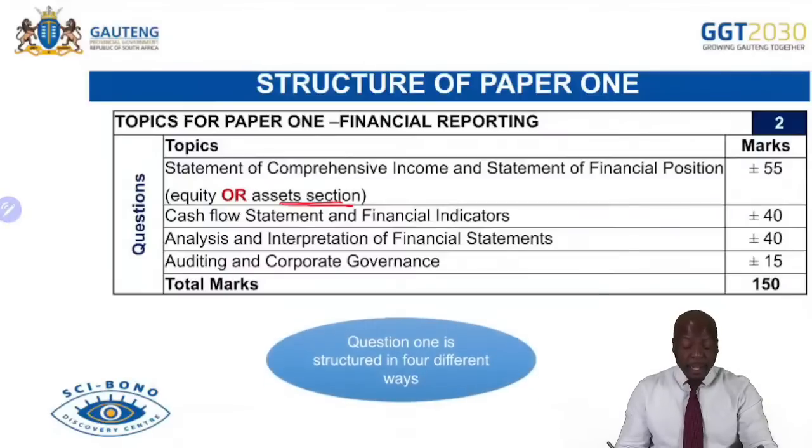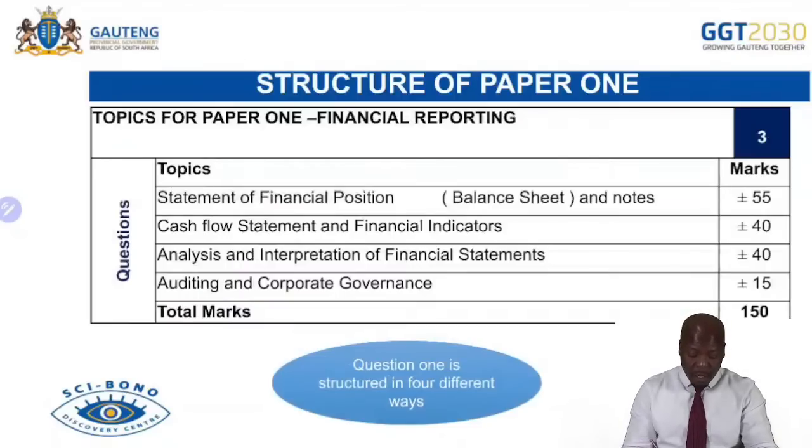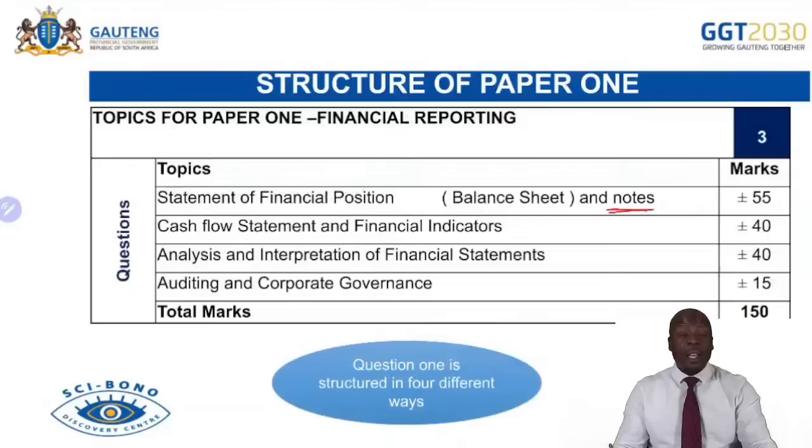And then you will find, as I said earlier on, that question 1 can be structured in about 4 different ways. So I've spoken about 2 already. And the other option that can come is when we are given the statement of financial position, as well as looking into the notes that affect this statement. So this is another option that can be exploited by the examiner.